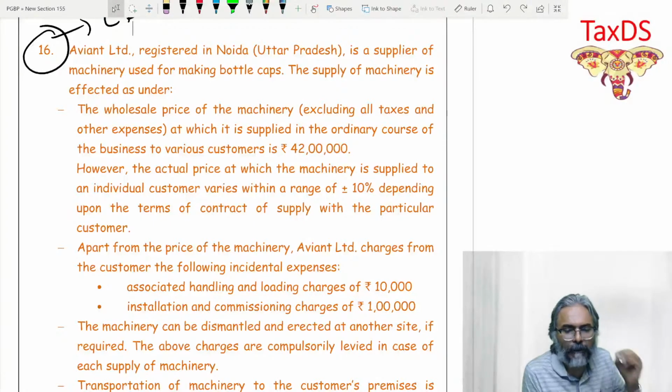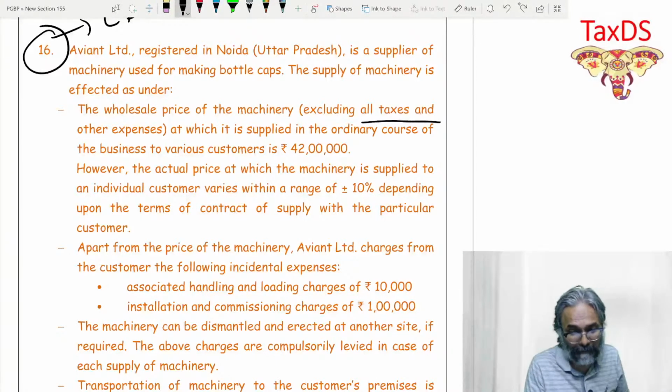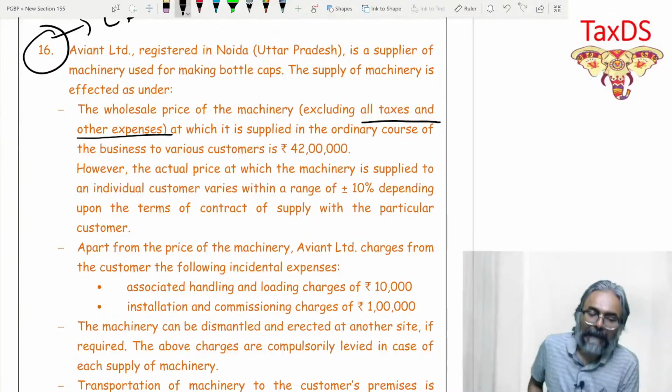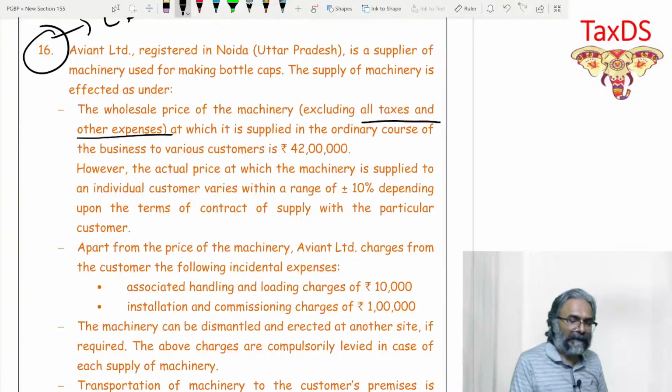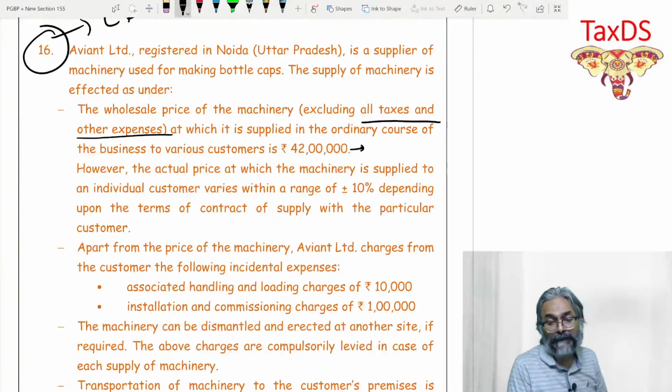The first one, students: the wholesale price of the machinery excluding all tax and other expenses, at which it is supplied in the ordinary course of business to various customers, is how much? 42 lakhs. So can I say, students, this is the transaction value?